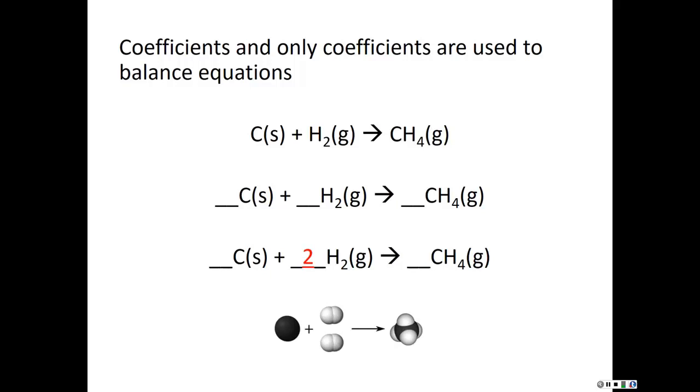So to balance this equation here, I'm going to leave aluminum and oxygen by itself. And I'm going to put a 2 in front here just to get us started. And that's going to give me 1 aluminum on this side, 2 oxygens over here, 4 aluminum over here, and 6 oxygens.